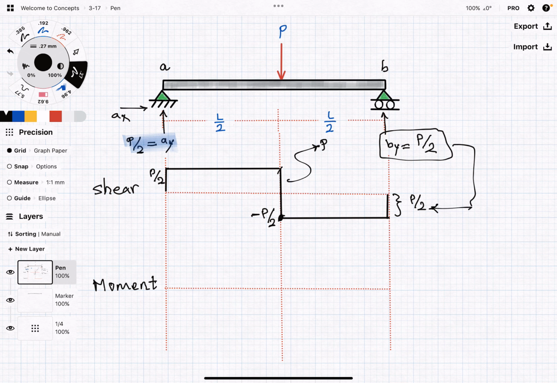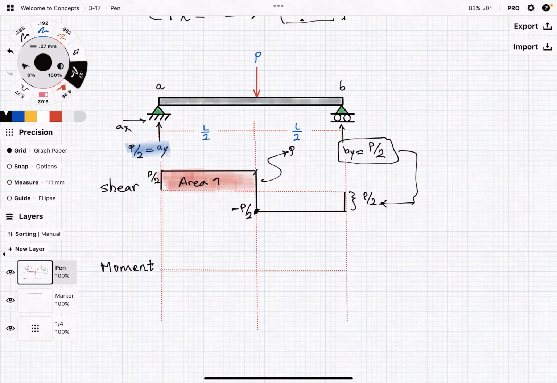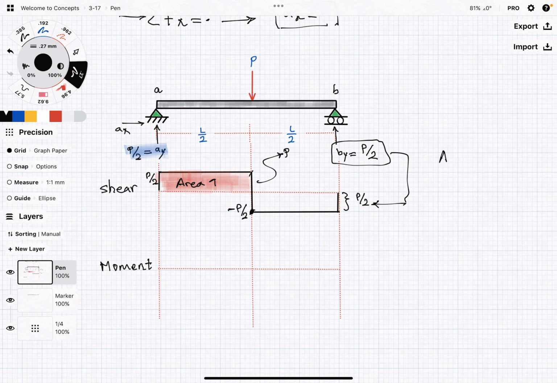Now this is the shear force diagram, and it helps us to find the bending moment diagram. Look at this part of the graph. If we say, for example, this is area 1, let's calculate area 1. Area 1 would be P divided by 2 times L divided by 2.